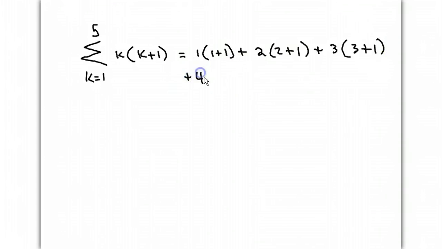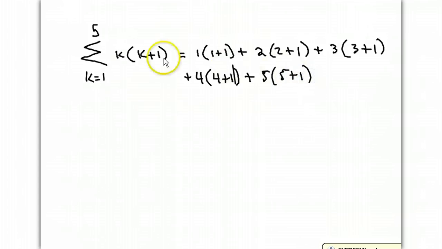Then when k is 4, which is 4, open parentheses, 4 plus 1. And lastly, when k is 5, which is 5, open parentheses, 5 plus 1. Now, if there's no number at the top, that means it goes to infinity, which is something that you don't want to do by hand. So normally there's a number at the top when you're actually doing this by hand.